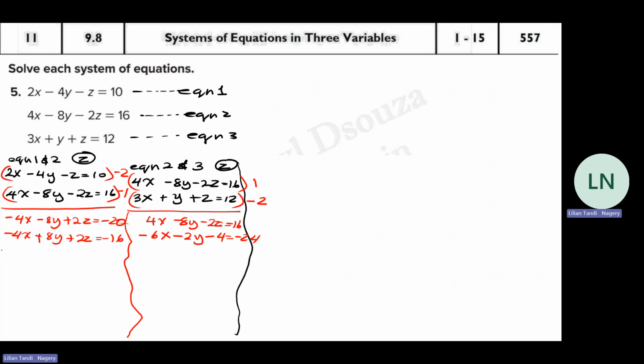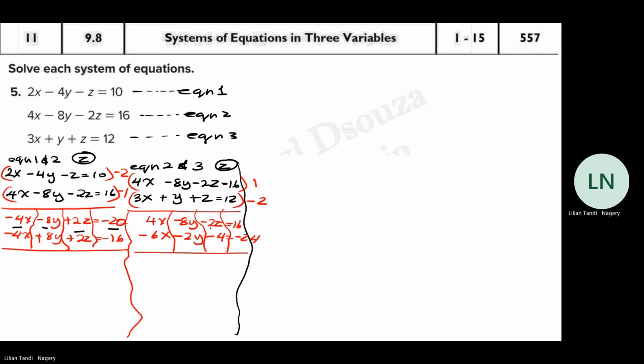All right. So make a line, make our houses. Same thing here. Make our houses. Since we're eliminating z and they are the same, we minus all our houses.